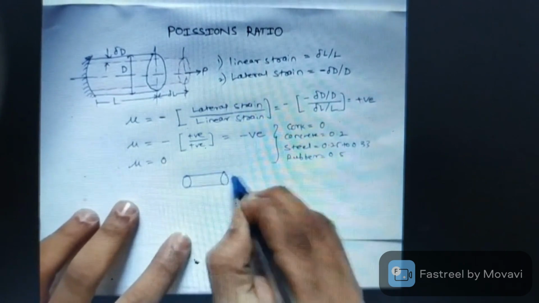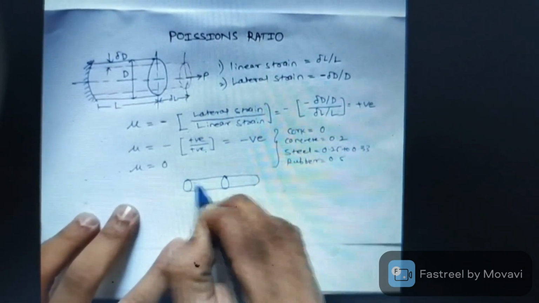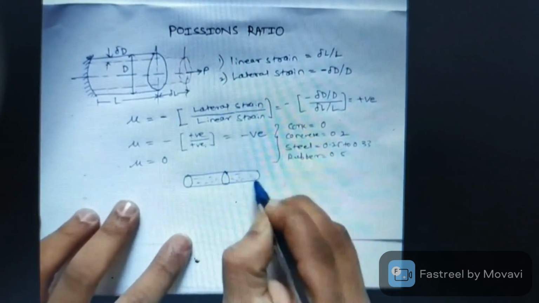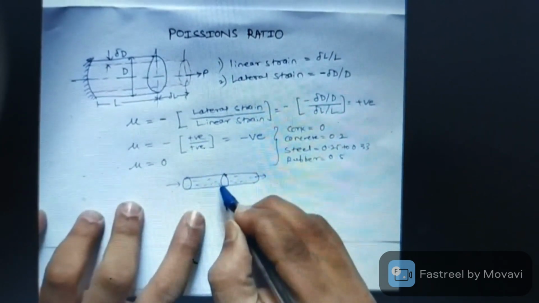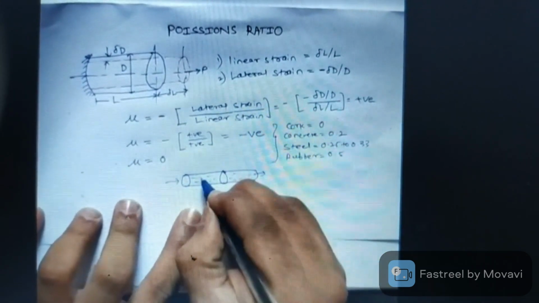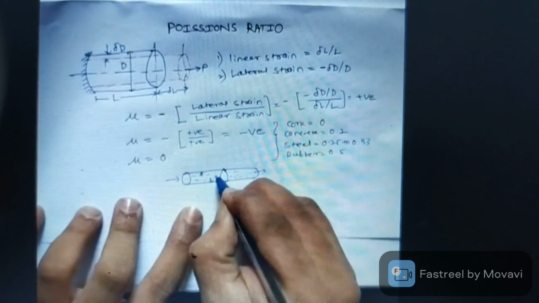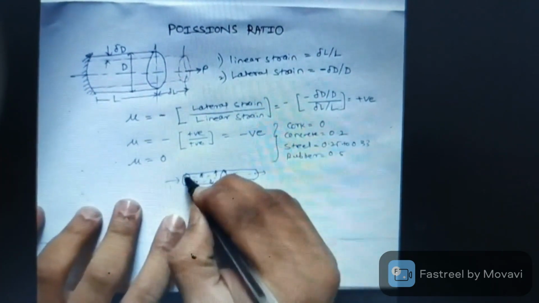Now I am considering two pipes which are joined together, and the fluid is flowing inside this pipe. Now we know that the fluid exerts equal pressure in all directions, Pascal's law. So it is applying pressure in all directions, because of which the hoop stress is getting generated.